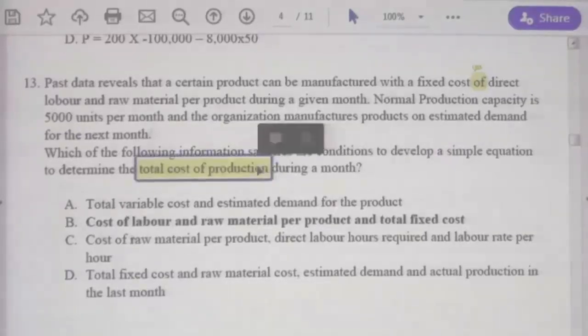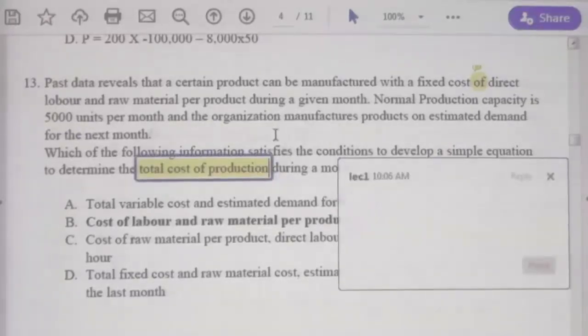If you want to develop the formula for this, total cost equal direct material per unit into Q, the quantity, or into quantity X, plus direct labor per unit into quantity plus fixed cost, right?